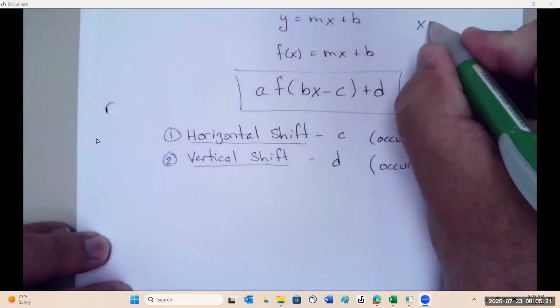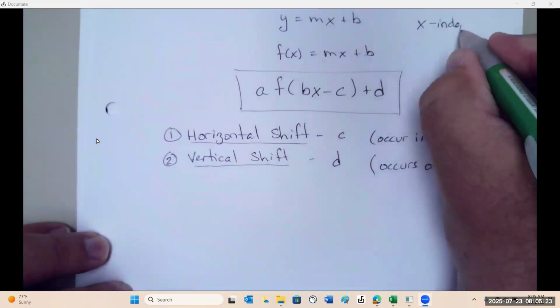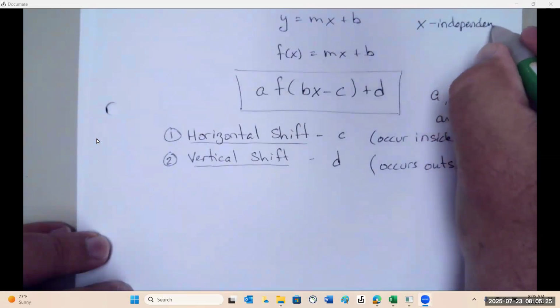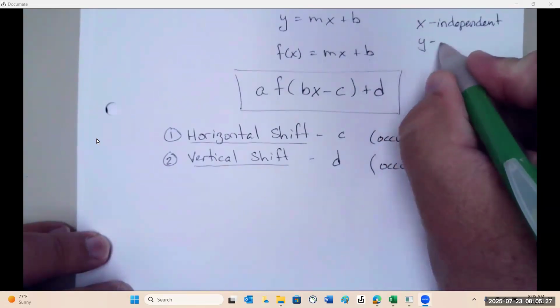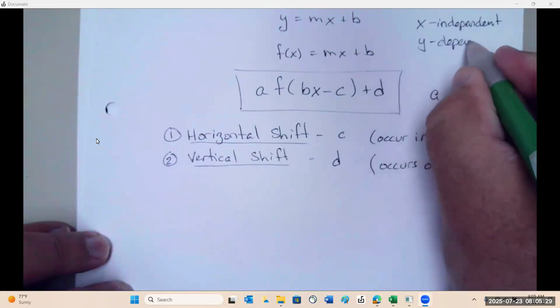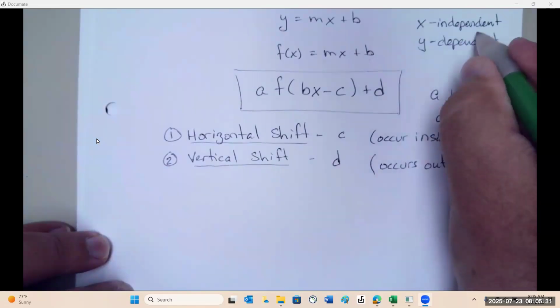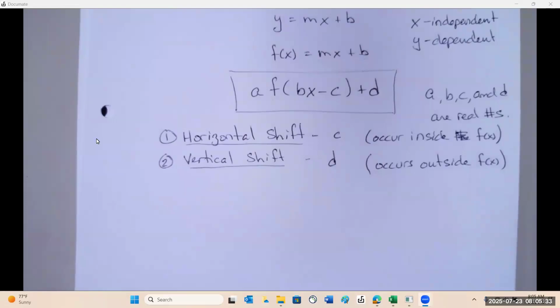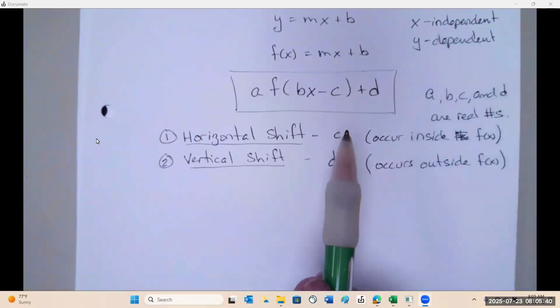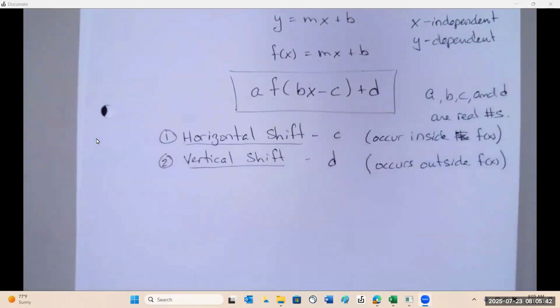Remember, x is the independent variable and y is the dependent, because the value of y, you can't figure that out until you tell me what x is. So once you pick a value for x, you put it in the function, and that gives you an answer.